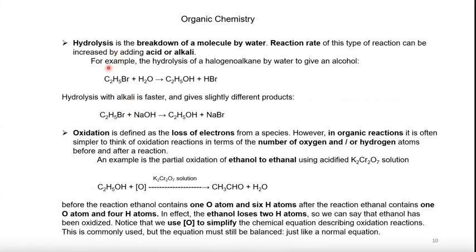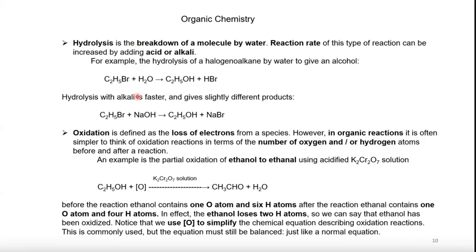Okay, so hydrolysis reaction. Hydrolysis is the breakdown of a molecule by water. If we put water in as the reactant, we can break it down, and that's also called hydrolysis. So, for example, hydrolysis of a halogen alkane. This is a halogen alkane, and putting water in it, we get alcohol plus hydrogen bromide.